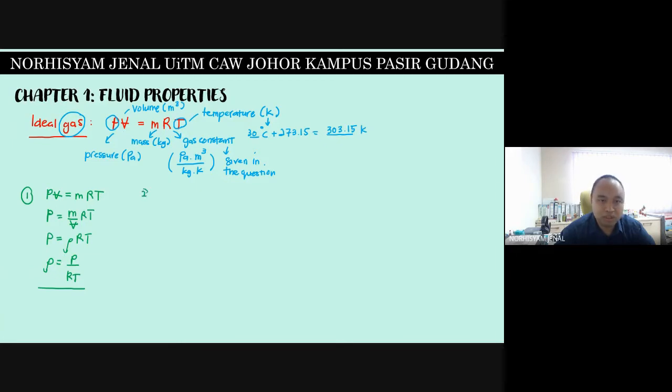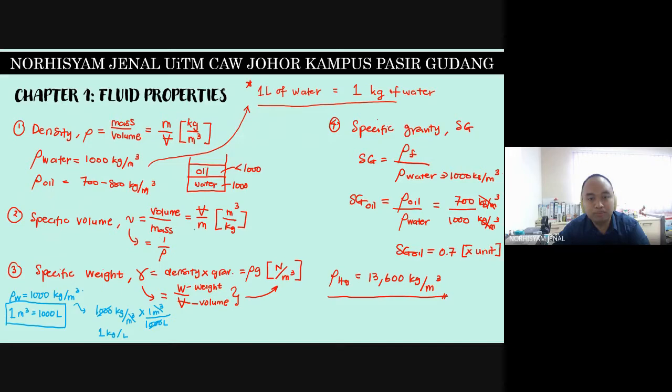Number two, it may look like this, PV equals mRT, and we can rearrange it to be V over M equals RT over P. So V over M over here is specific volume.